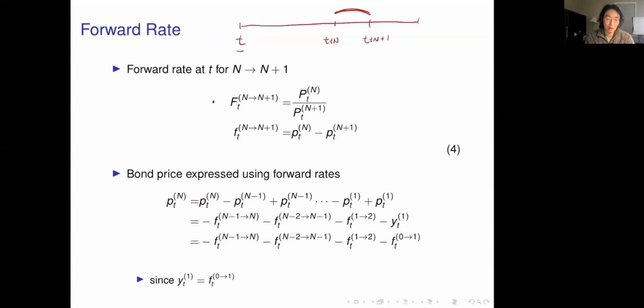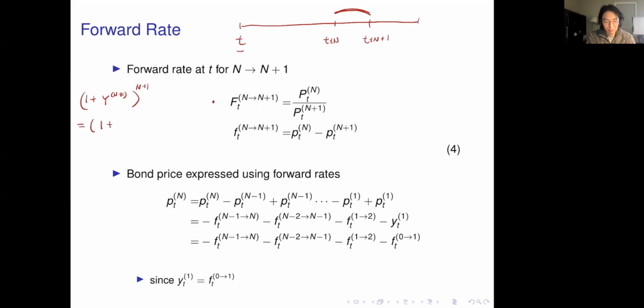And the reason you can always derive it is because you can invest $1 in two different ways. One way of investing $1 is you can use an n plus 1 year loan, for n plus 1 years.